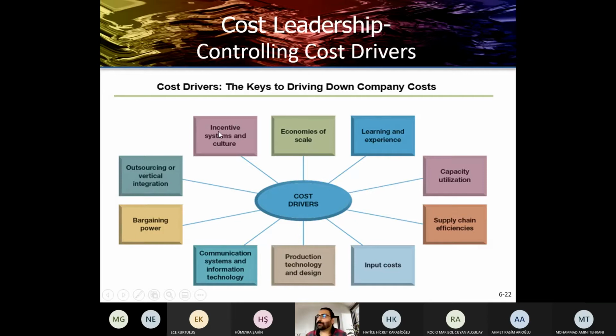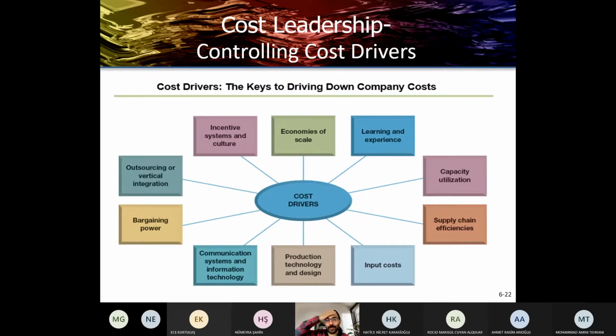Okay. Last week we talked about generic strategies of Porter. He introduced that, and it's a very popular topic in strategic management. Almost every strategic management course, every student of business is aware of these generic strategies, cost leadership and differentiation.